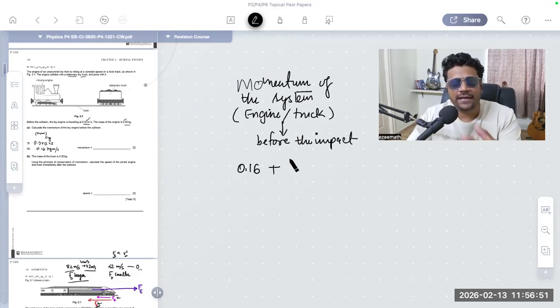And since the truck is stationary before the impact, the momentum of it is zero. And then it must be equal to the momentum of both the objects added together after the impact.